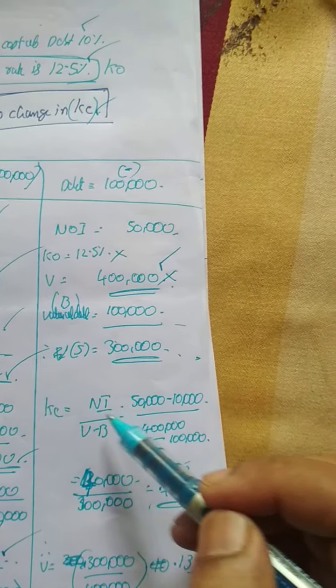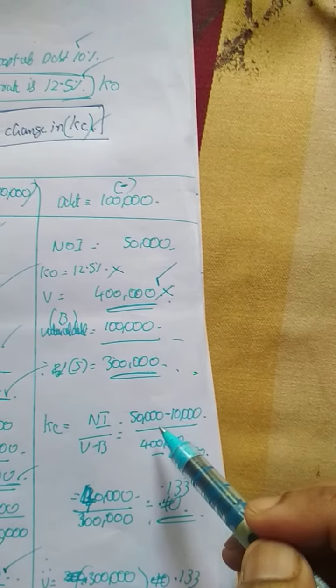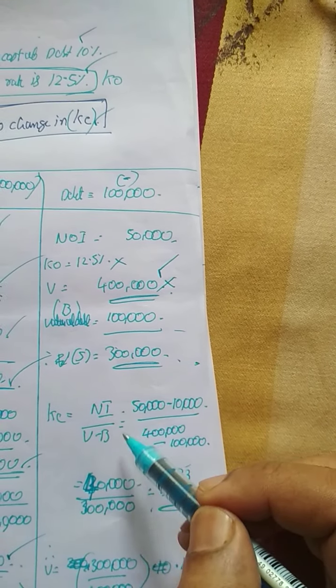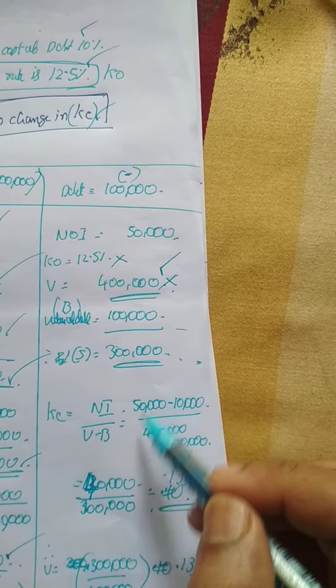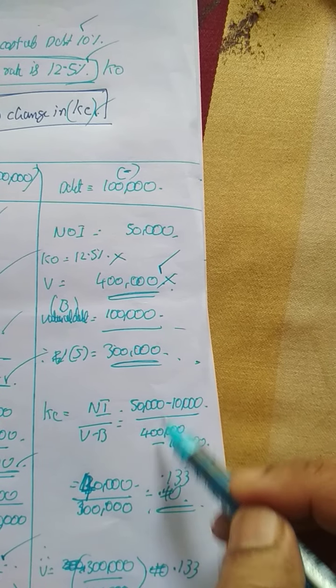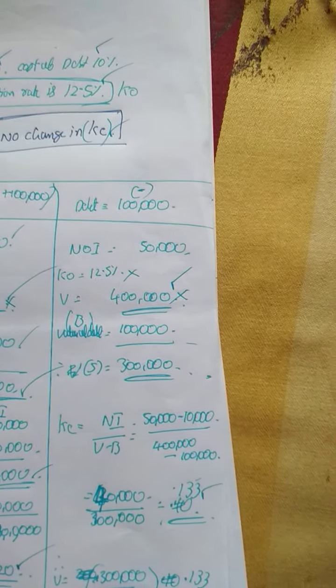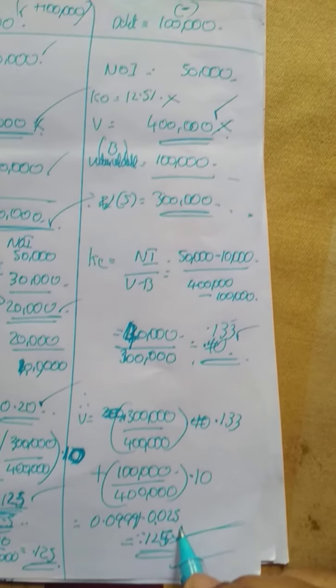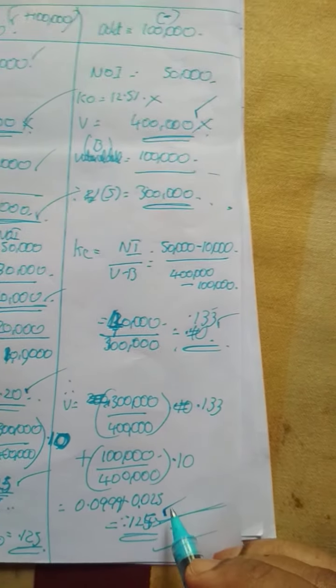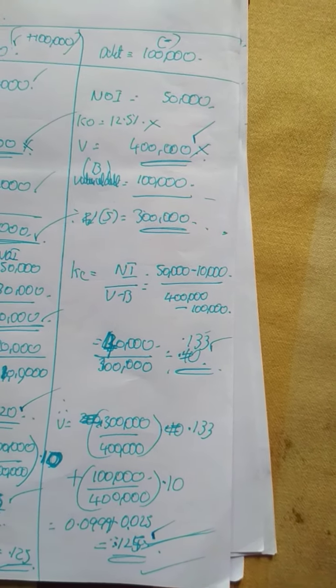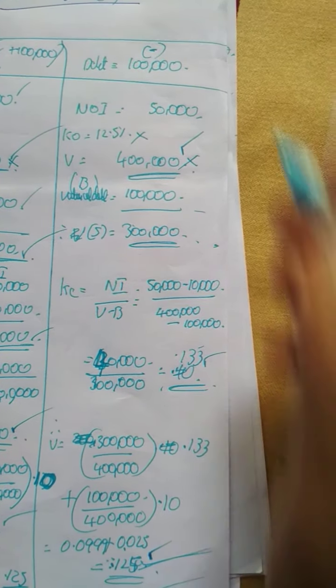But as the debt proportion decreases, KE changes. But you could see that KO, even by testing, remains the same. There is no change in the overall cost of capital.